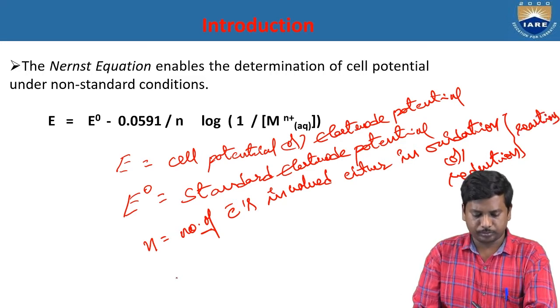Next, M n plus represents the concentration of the metal ion.